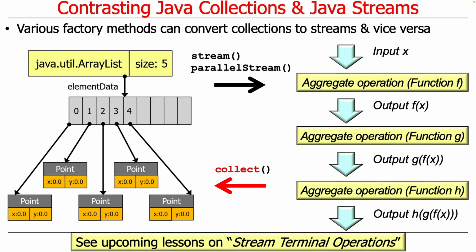And, no surprise, there are also factory operations called terminal operations that can be used to take the results in a stream and convert them back into various types of collections: lists, sets, maps, and so on. So you can go back and forth. The concept of a collection and a stream is often very tightly integrated. I won't say tightly coupled, but tightly integrated conceptually, but they are separate and distinct things.